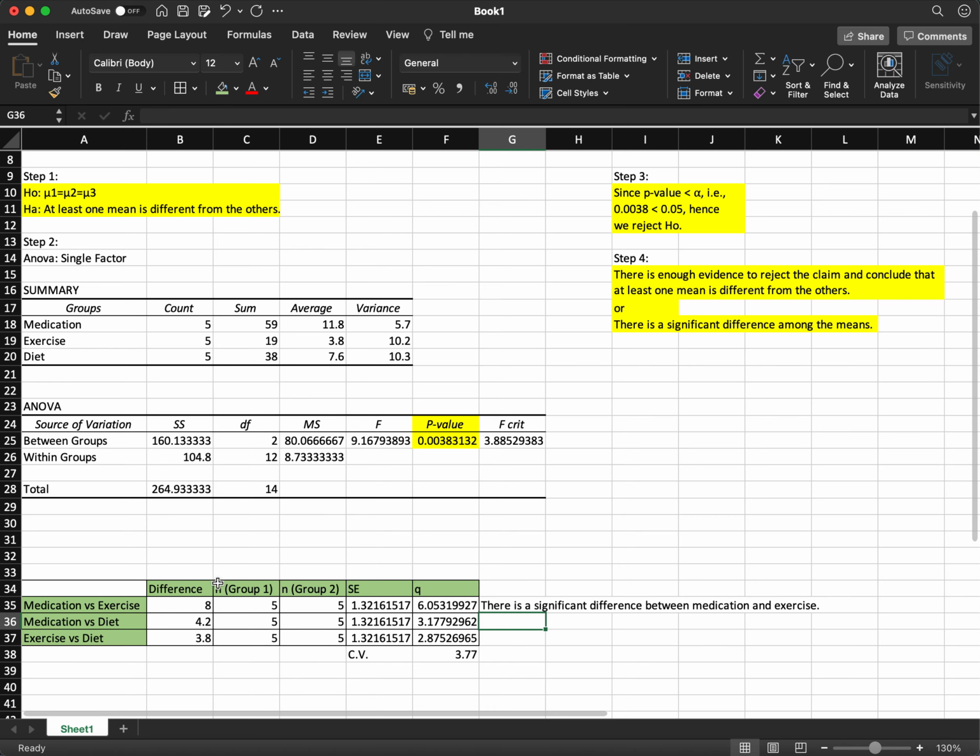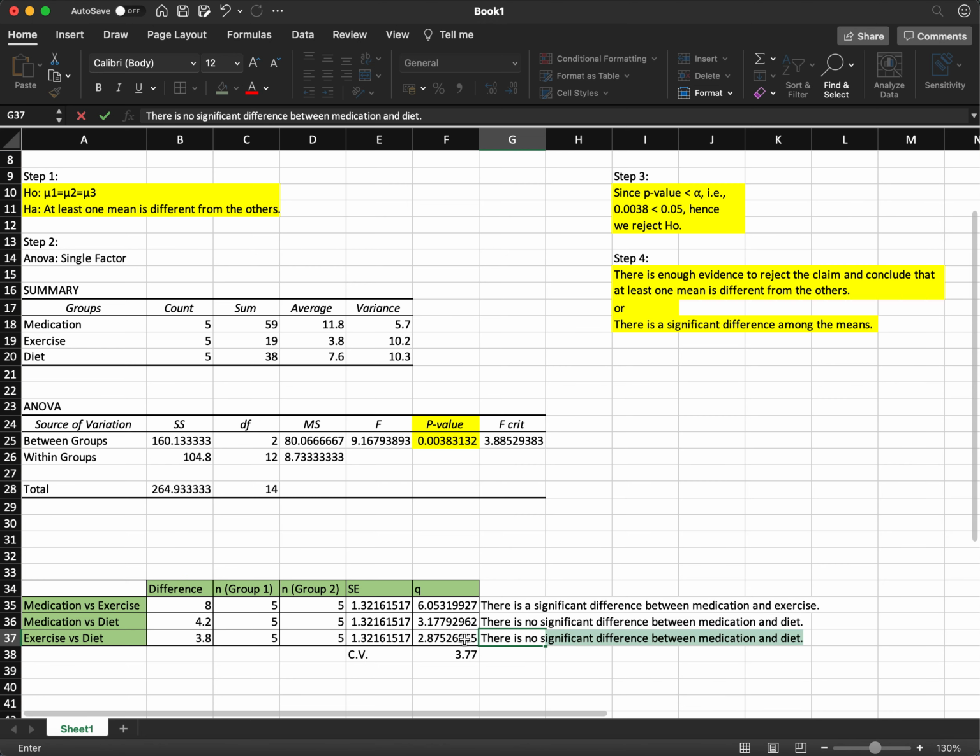And there is none for both medication versus diet and exercise versus diet, because all their values are strictly less than the critical value. Therefore, we fail to reject the null, meaning there is no significant difference between medication and diet, and there is no significant difference between exercise and diet.